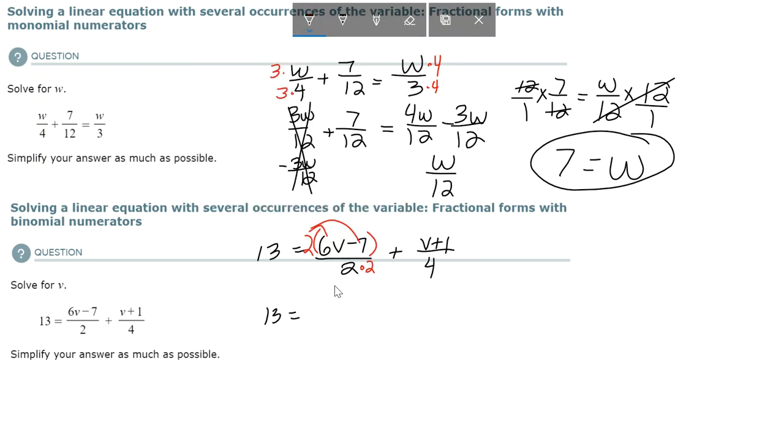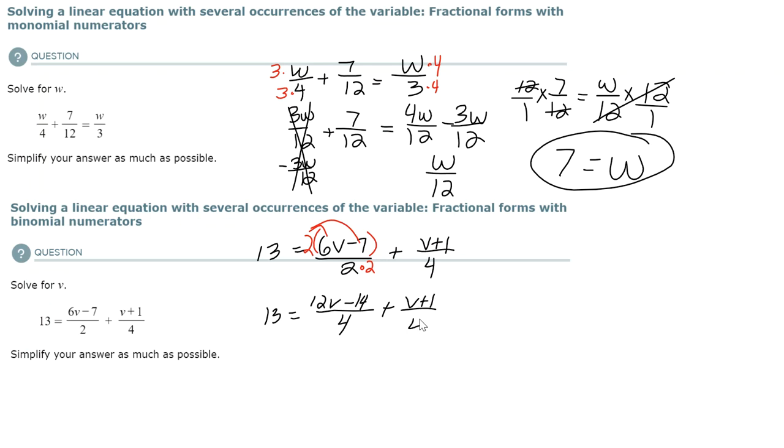So now I have on my numerator 12v minus 14 all divided by 4, and then I have v plus 1 all divided by 4.